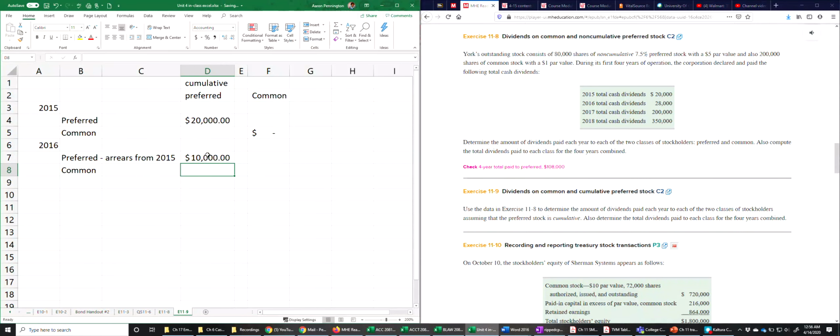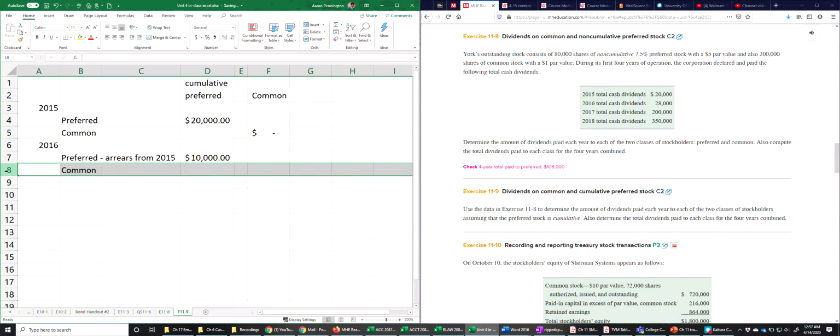That is basically the 30,000 that preferred shareholders were entitled to from 2015, even though it was paid in 2016.